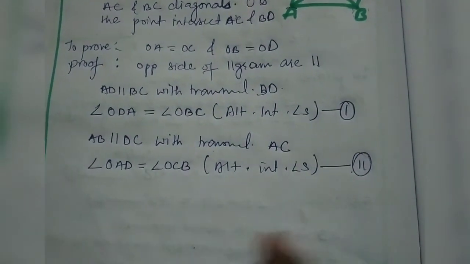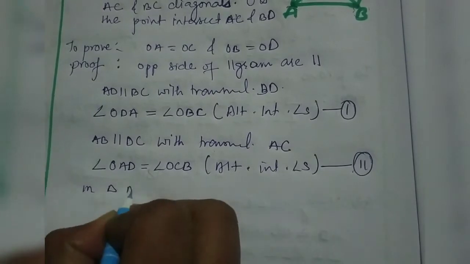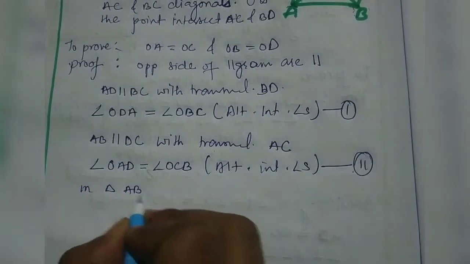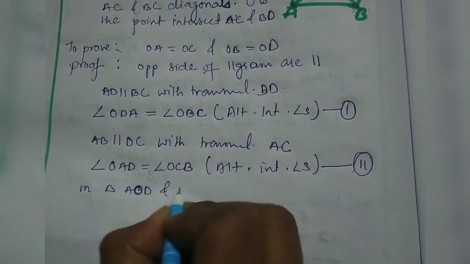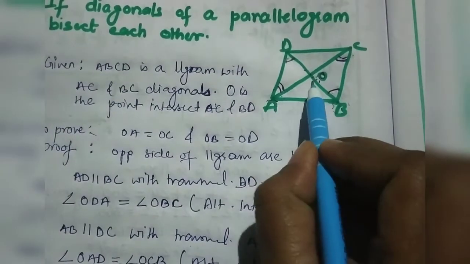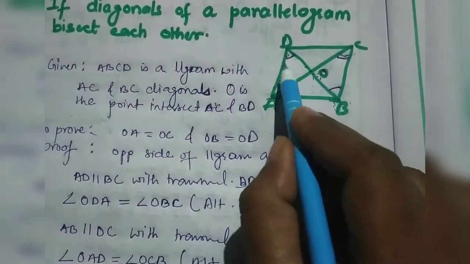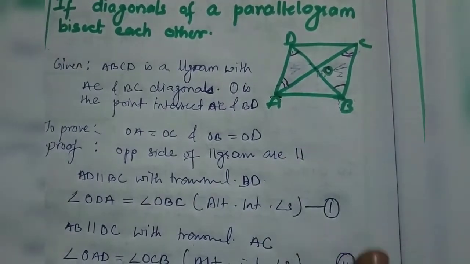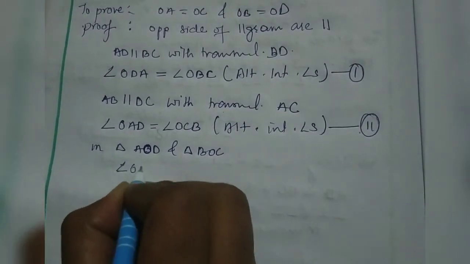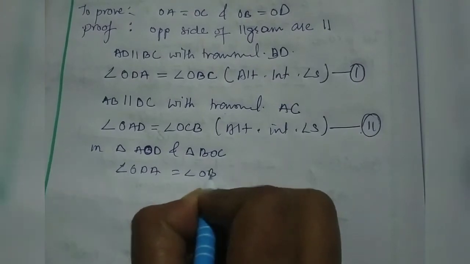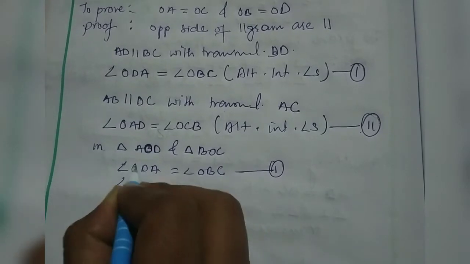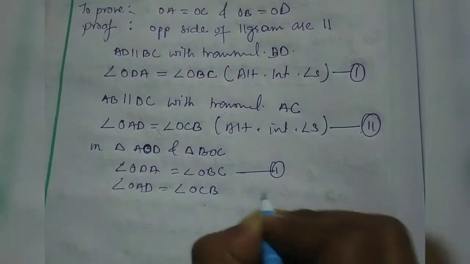And in triangle AOD and triangle BOC, these two triangles, we get angle ODA equals angle OBC from equation 1, and angle OAD equals angle OCB from equation 2.